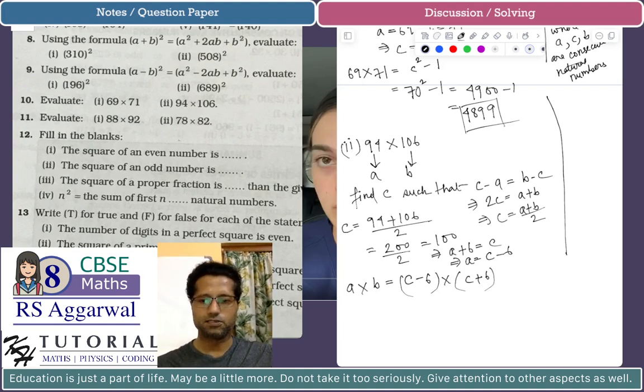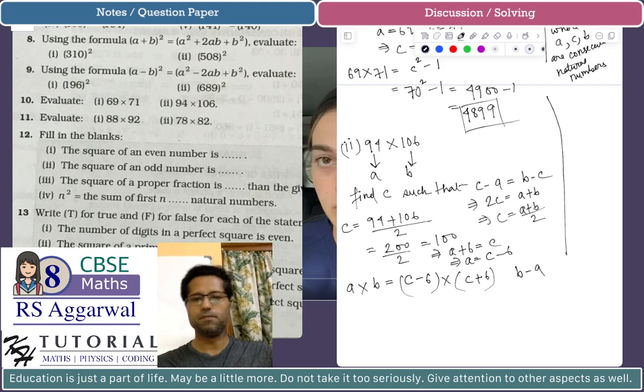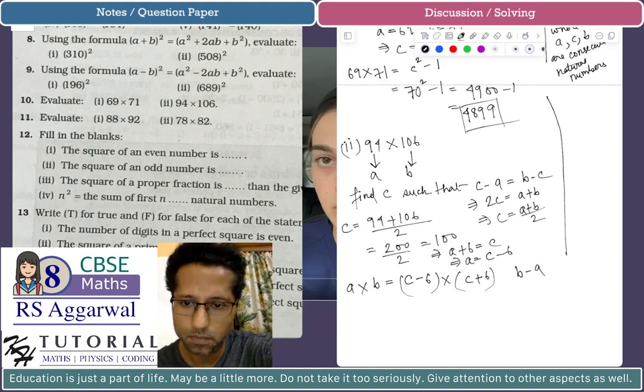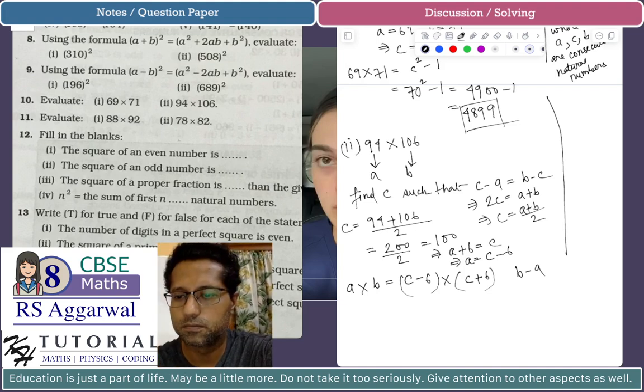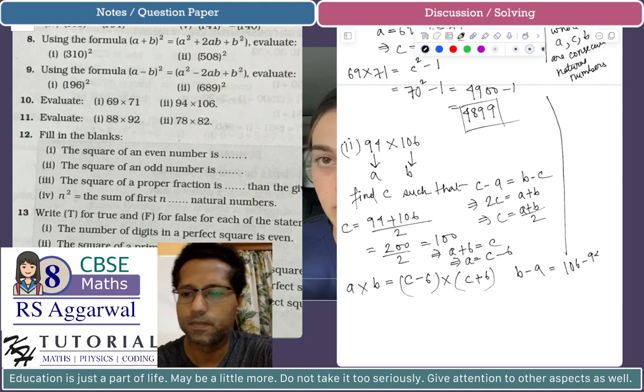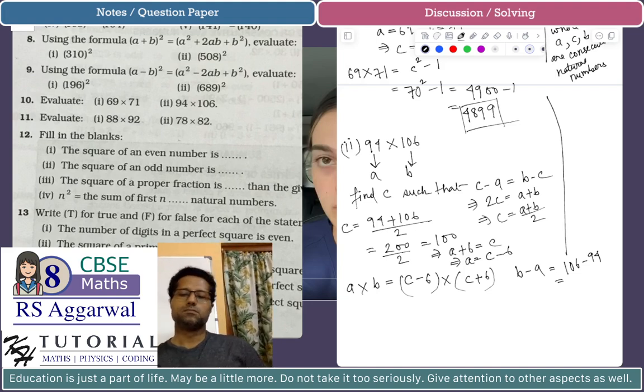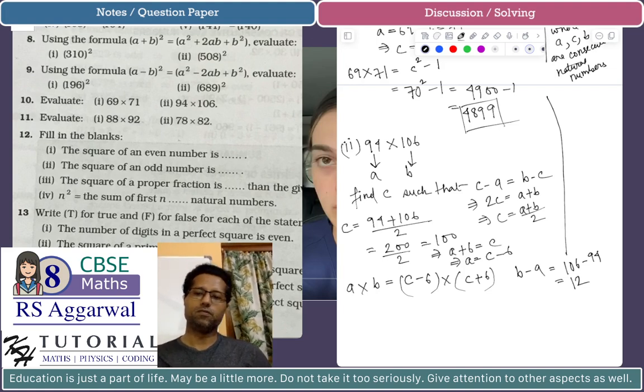The 6 is coming from B minus A, which is 106 minus 94, which is equal to 12.